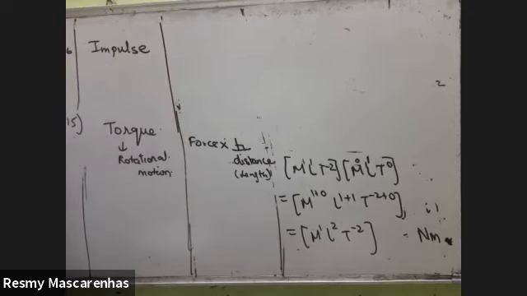Impulse. Impulse is like the effect. Suppose a footballer has a football, and then he kicks the ball. Obviously, the ball will move because there's an impulse. He's applying force at a certain time. So that's called an impulse. Whenever we kick something, definitely there will be some impact on it. That's called an impulse.